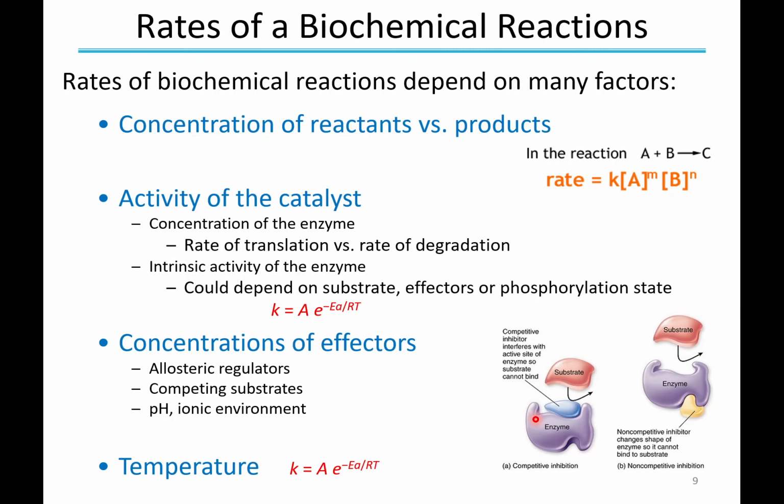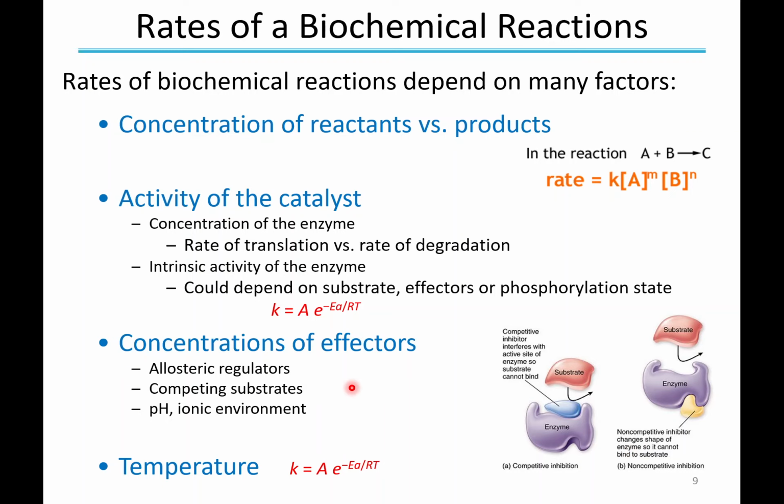So if you have an allosteric regulator, that regulator is going to bind to another part of the enzyme that the substrate doesn't bind to, and either make that enzyme more active for the substrate or less active. And in this example, you have an inhibitor that's binding, and it's sort of turning that enzyme off, so it's slowing it down.